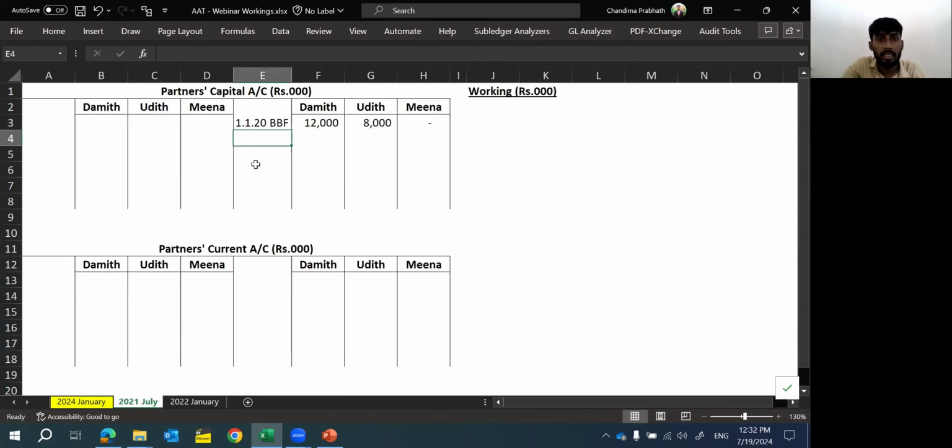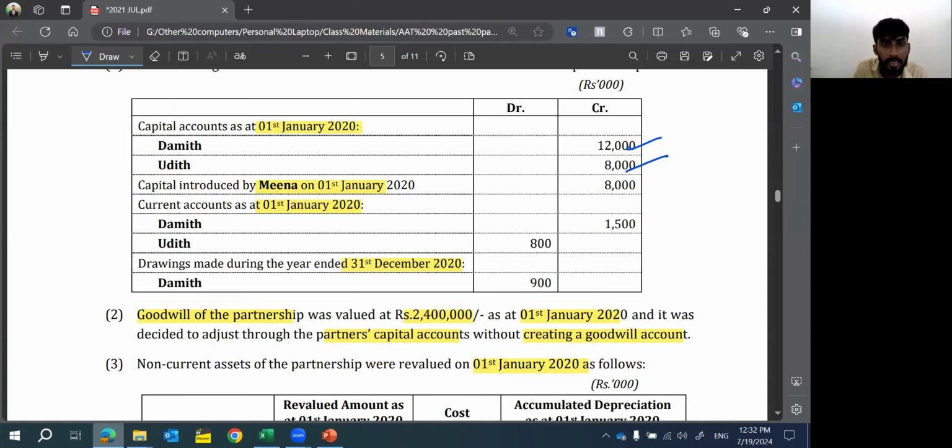Then the current accounts, Damit and Udit. Damit has a credit balance of 1,500.